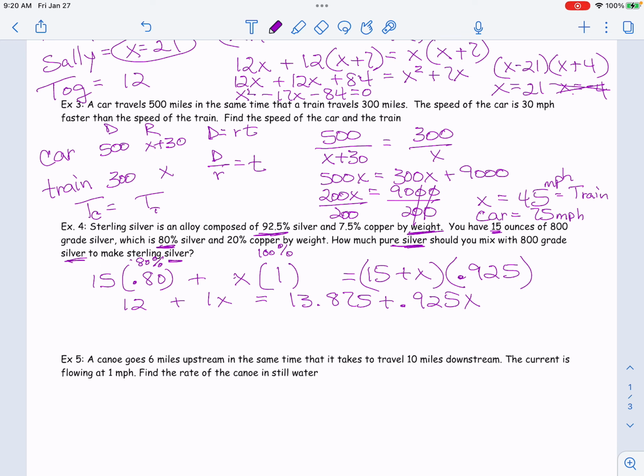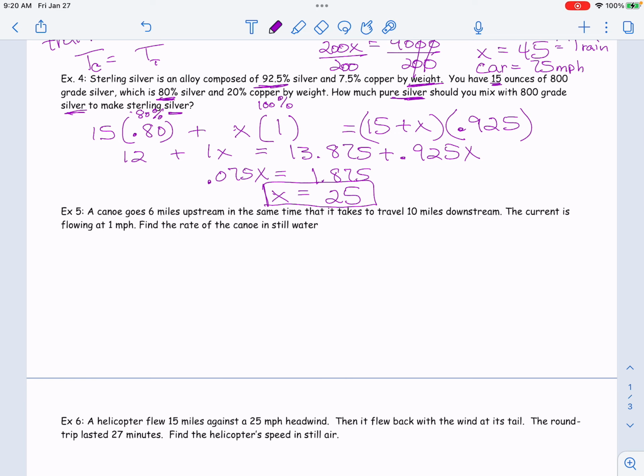So I'm going to move the numbers to the right side, so that would be 1.875, and this would be 1 minus 0.925, which is 0.075x. Then I'm going to divide 1.875 by 0.075, and x would be equal to 25. So I would need to add 25 ounces of pure silver.